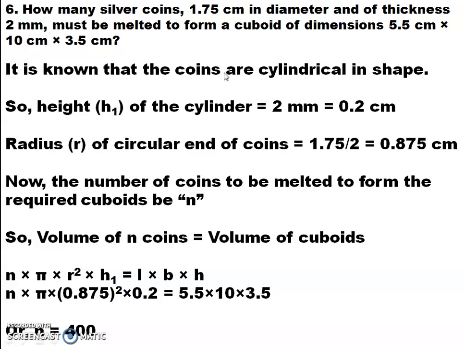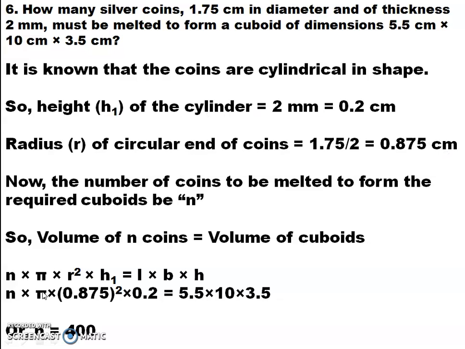Height of the cylinder is 0.2 centimeter. Radius of the cylinder is 0.875 centimeter, that is 1.75 by 2.